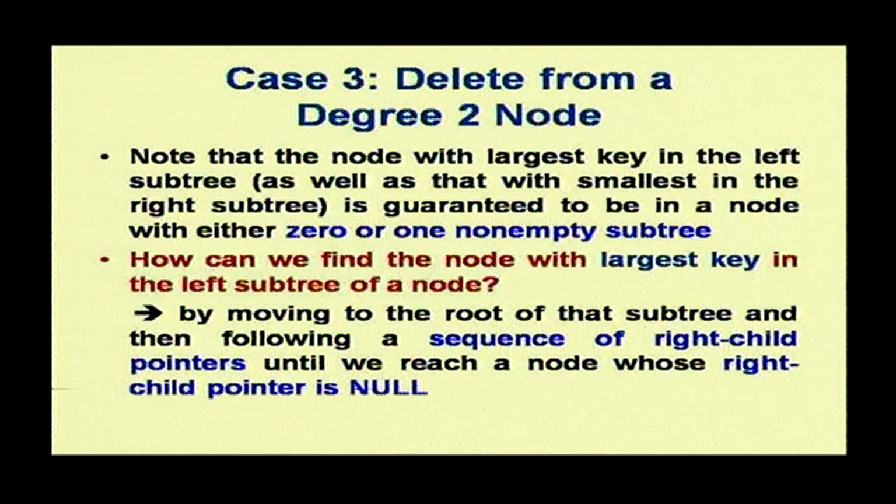Now you can do this, as I already told you, with the in-order successor also. For that you have to find the smallest key in the right subtree. There we move to the root of that subtree and then follow left child pointers until we reach a node whose left child pointer is null. So, this is to find the in-order predecessor and this is to find the in-order successor of any node.